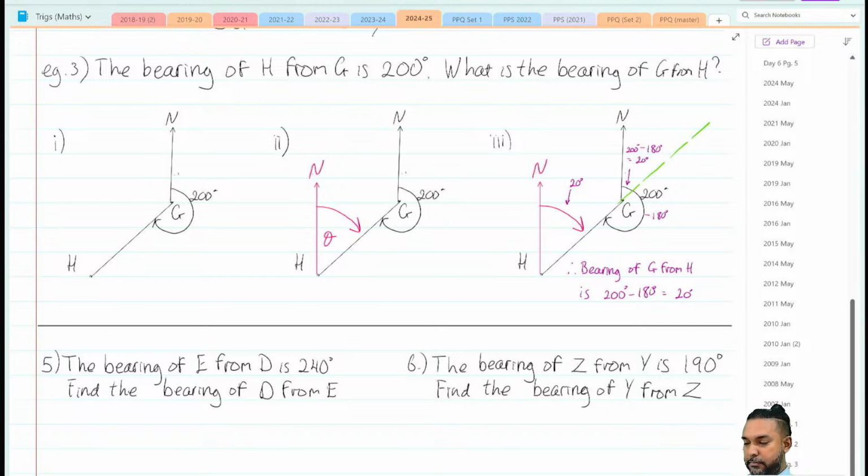You back? All right, cool. Right, let's get some diagrams going there.